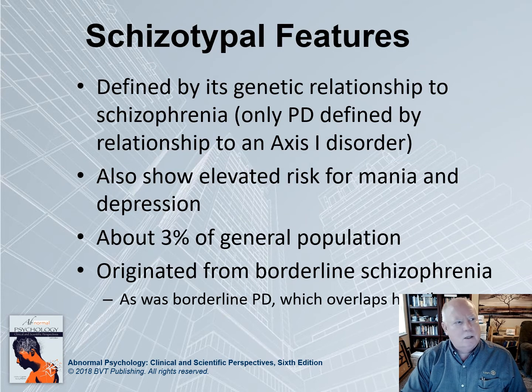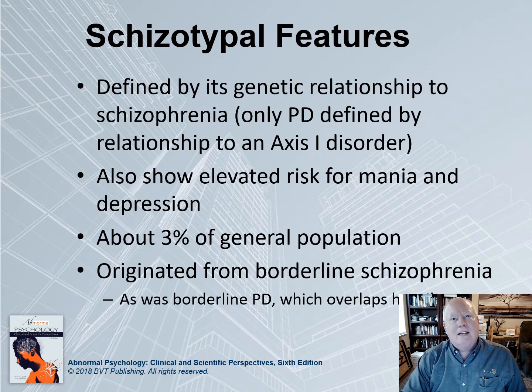Schizotypal personality disorder is unique among the personality disorders because it is the only personality disorder that is defined by its relationship to an Axis I disorder, schizophrenia. For example, if you look at identical twins, one who has schizophrenia and the other does not, you may remember that's called discordant twins.